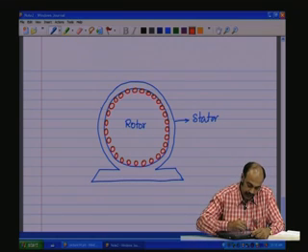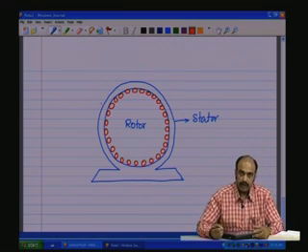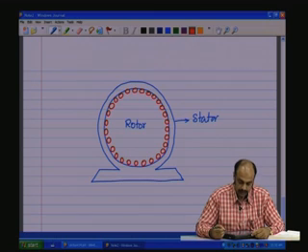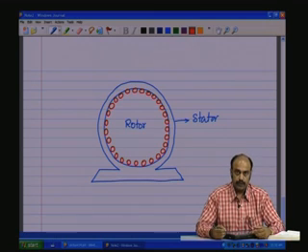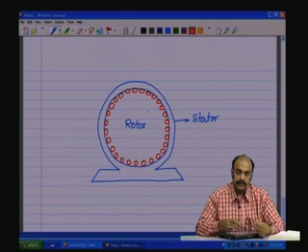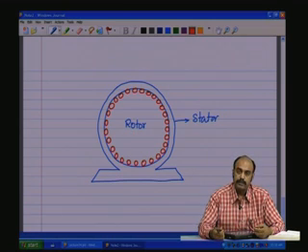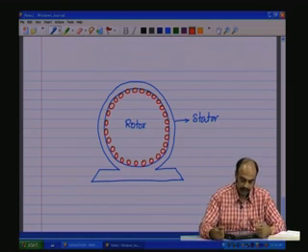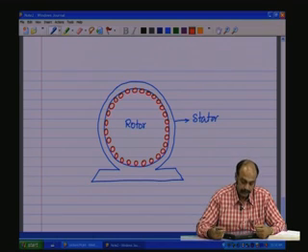You have these rotor conductors, and on the stator we also have coils, positioned in a manner which will provide a spatial field in the spatial coordinates. Let us see how that is provided.